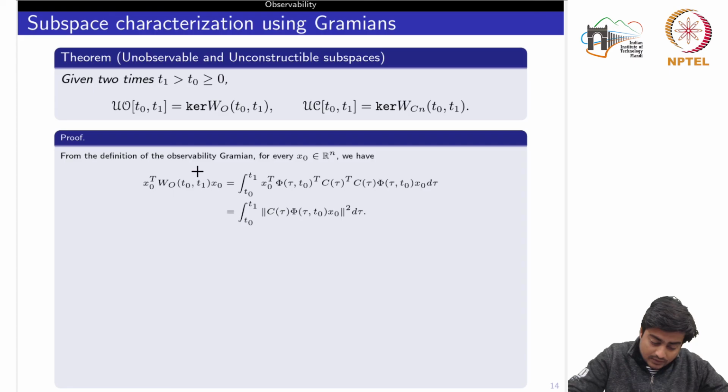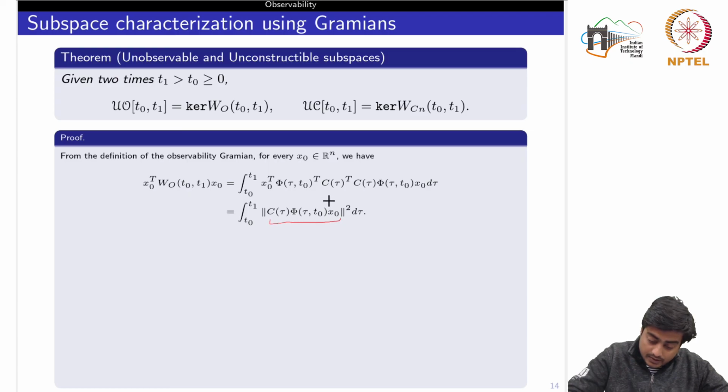From the definition of the observability Gramian, first of all we can write it in quadratic form as x naught transpose WO into x naught, and then substituting the matrix WO here, I would get this one, and then using the property of the norms and quadratic forms, I can compress this long expression into the squared norm of this term.